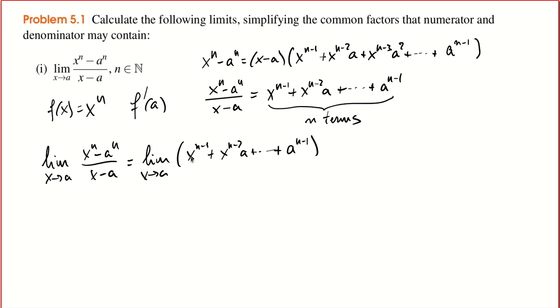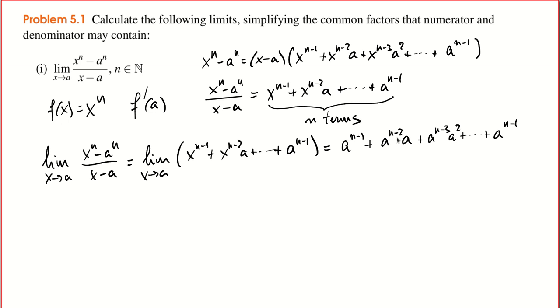All we have to do is to substitute x by the value of a, and we're done. And this would be a^(n-1) plus a^(n-2) times a plus a^(n-3) times a squared, and so on until we get to a^(n-1).